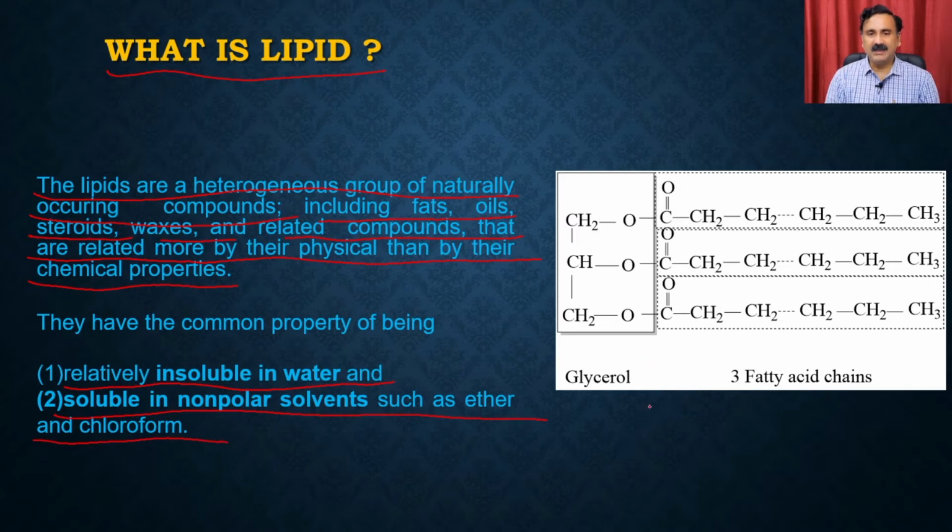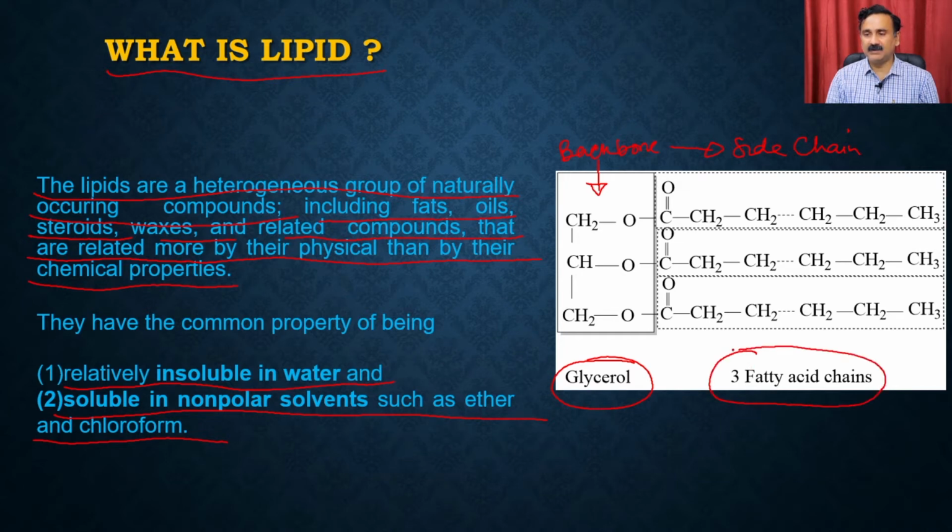What you see here is that a typical lipid has two components. One, it has a backbone, and then it has the side chains. The backbone is mostly present as glycerol, the alcohol backbone, and then it also has the fatty acids.